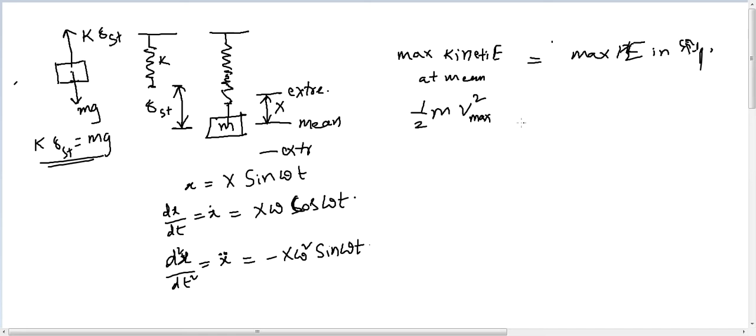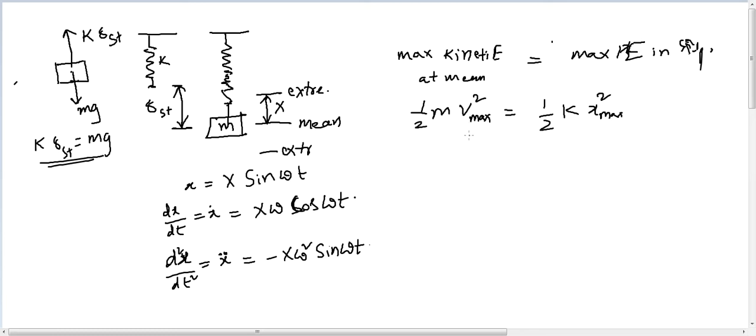This is the maximum kinetic energy, which is equal to half k, the stiffness, into x max square, where x max is the maximum displacement of the spring. This is the maximum potential energy in the spring, and that is the maximum kinetic energy in the spring.